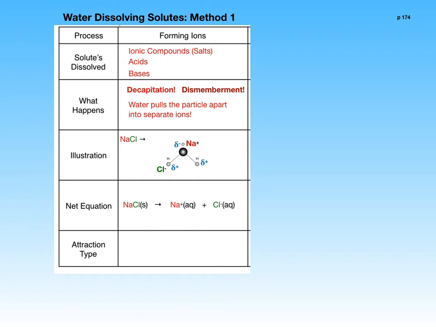On the product side, we see the cation of sodium separated from the chloride. This type of dissolving process is referred to as an ion-molecule attraction. The ions of the solute are attracted to the molecules of water.